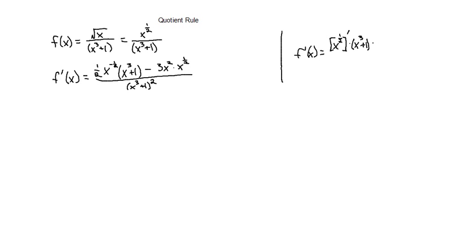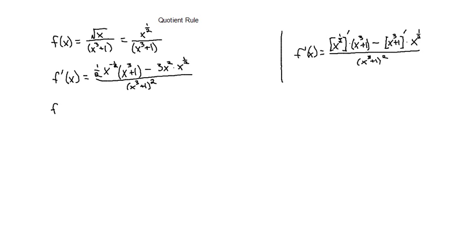And this time we subtract the derivative of the bottom, x to the third plus 1, so call that prime, times the top, which is x to the 1/2, all over the bottom squared, x to the third plus 1 squared. So that's the quotient rule. The hard part is now simplifying that to make it look nice.